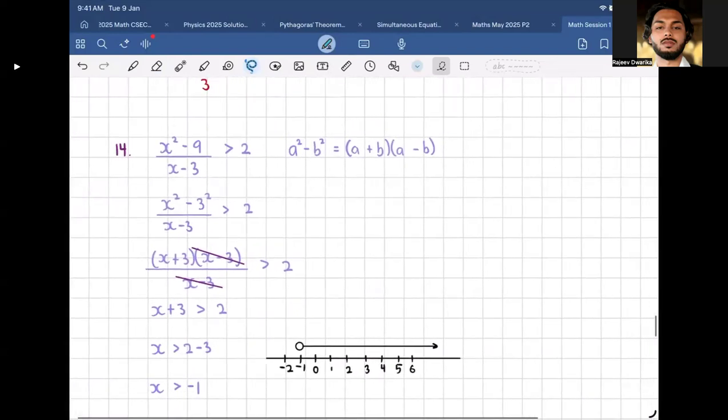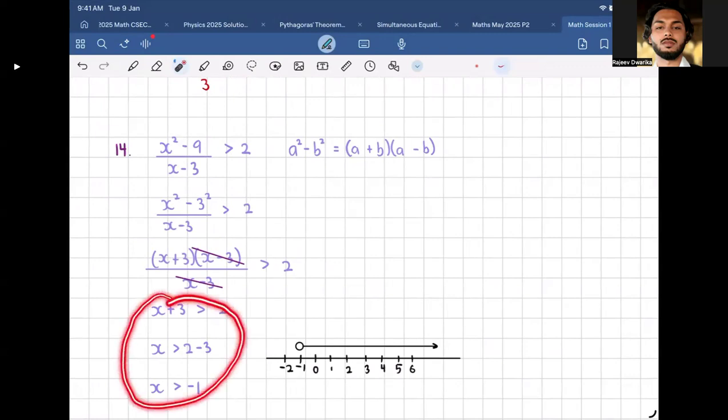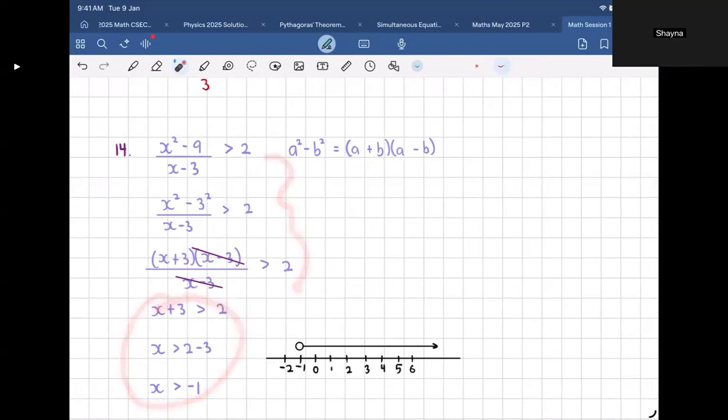And you see how much work you left out by just writing this line. It was a good bit of work, and you need to include all of this. Serena, let me know if you understand this question, Question 14. Yes, sir, I understand it.